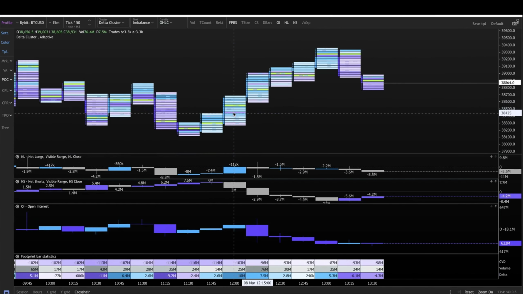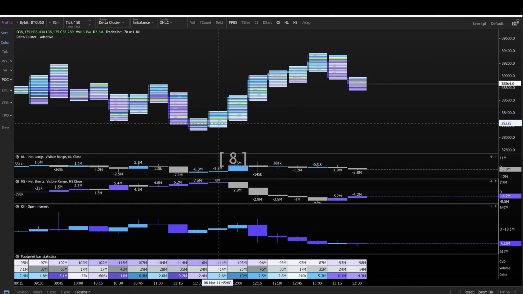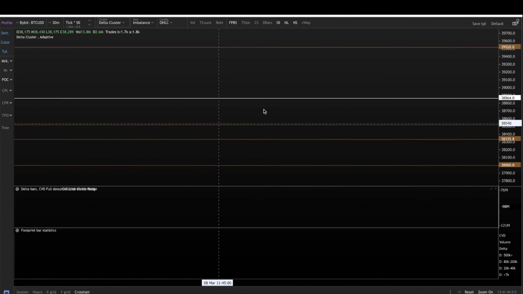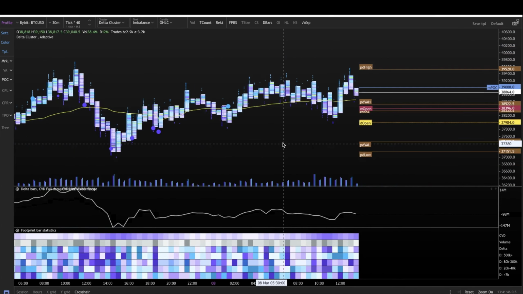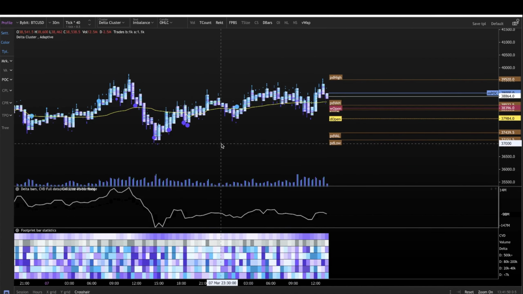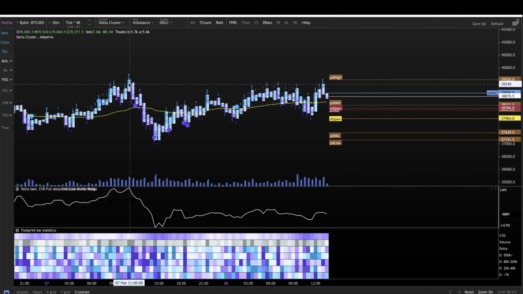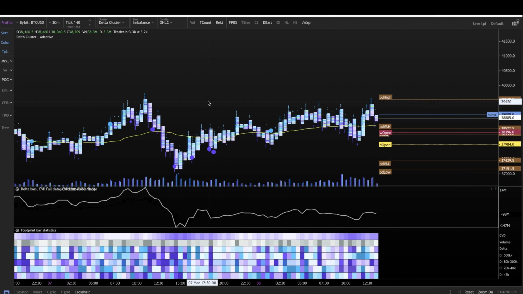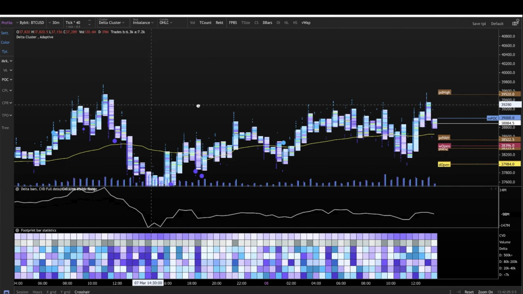So if we zoom out here on these footprint charts, we can start to see where most of the volume was transacted. If we're really zoomed out, we can see those really dark areas. For example, right up here, we can see a lot of volume transacted. It can act as resistance if price comes back up to touch that level, especially if we have a point of control.